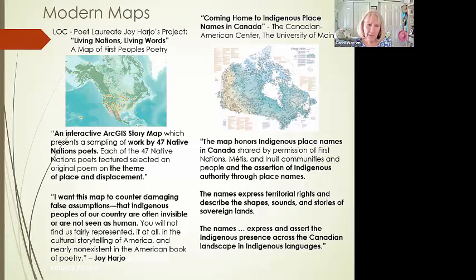Now it's an interactive ArcGIS story map, which presents a sampling of work by 47 Native Nation poets. So each poet selected an original poem on the theme of place and displacement. Now they're also in the process of creating an educator guide using the poetry, and they did have a committee of both social studies and language arts educators offer information for this. So hopefully it'd be very helpful.